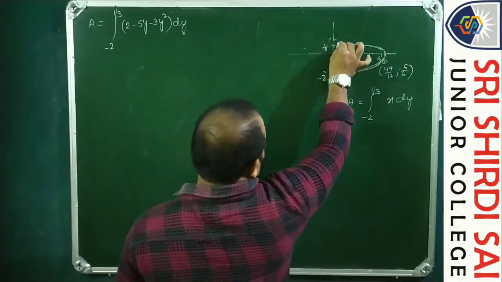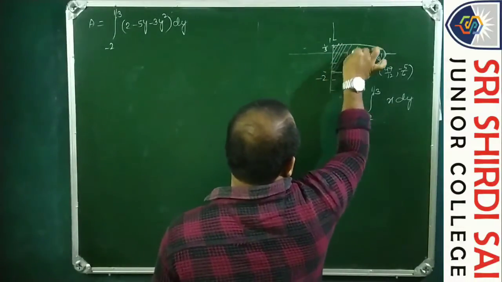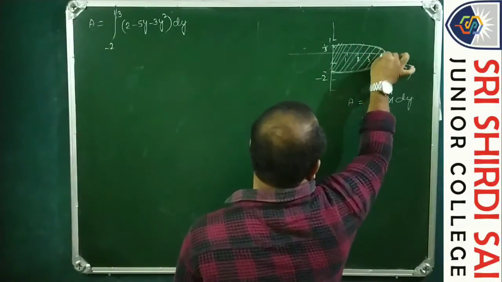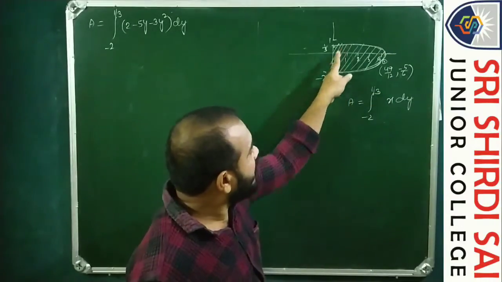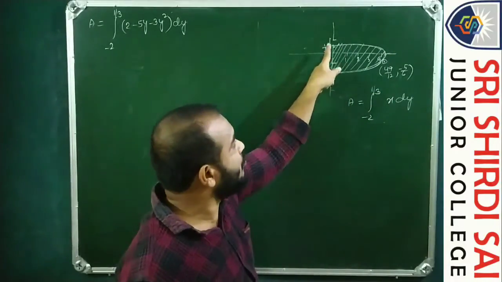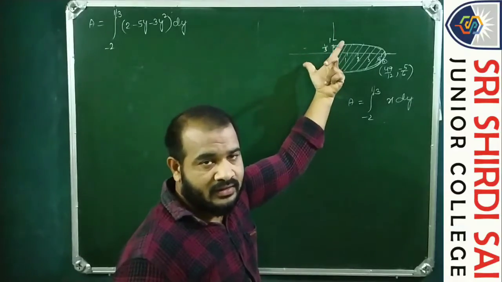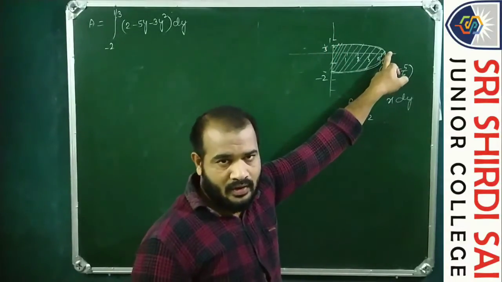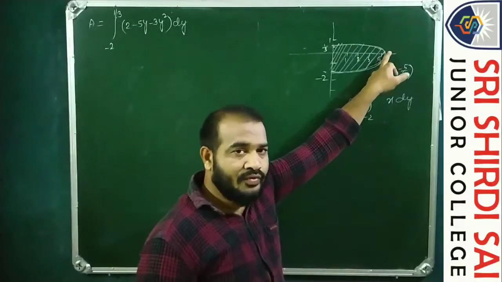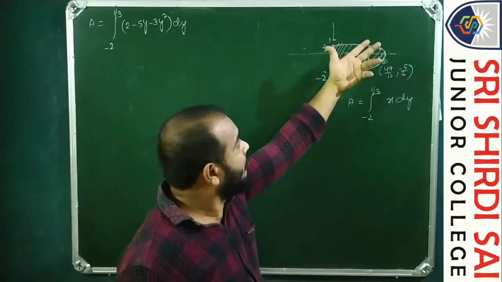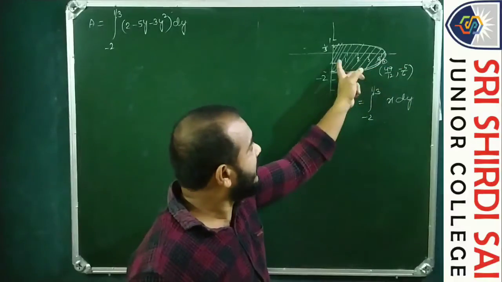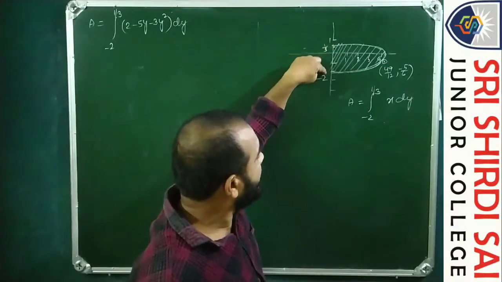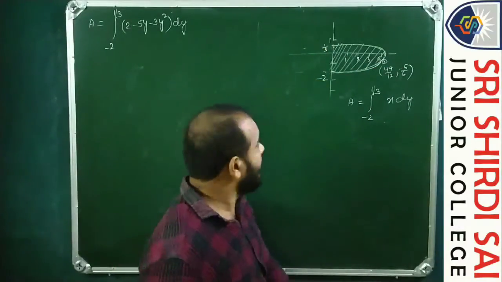So we need to get this area. But this is not symmetric about the x-axis, because 1/3 is here and -2 is here. Had it been -2 to 2, it would be symmetric, and we would evaluate from this to this and multiply by 2. But that is not the case here. This is 1/3, this is -2, which is not symmetric.